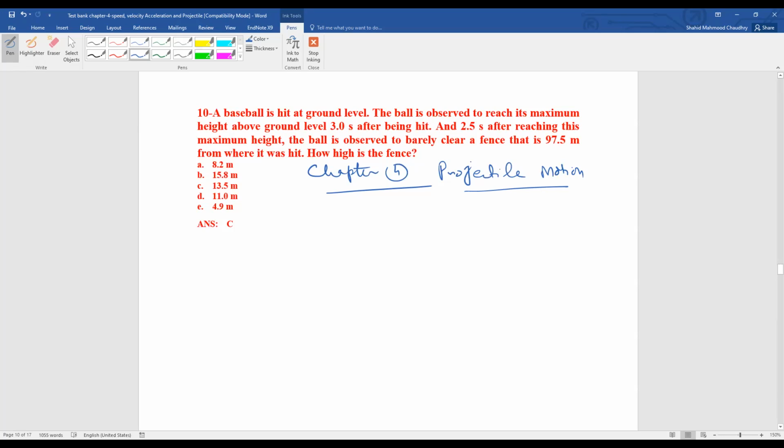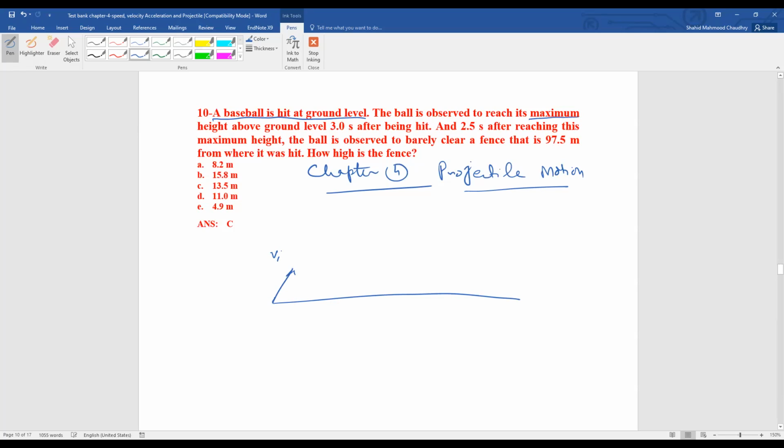The question is, a baseball is hit at ground level. First is this one. So this is the ground level, and a baseball is hit from here with some initial velocity. The ball is observed to reach its maximum height.